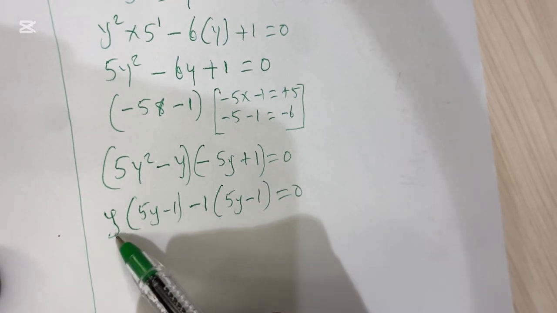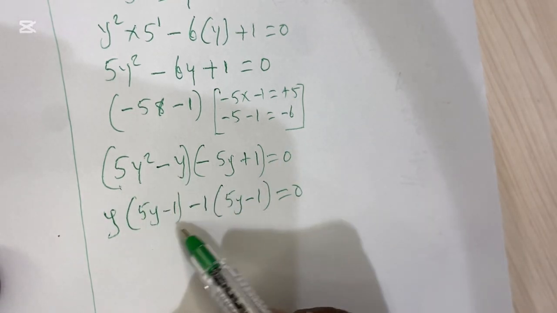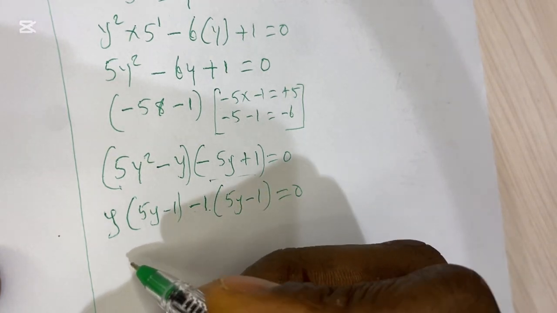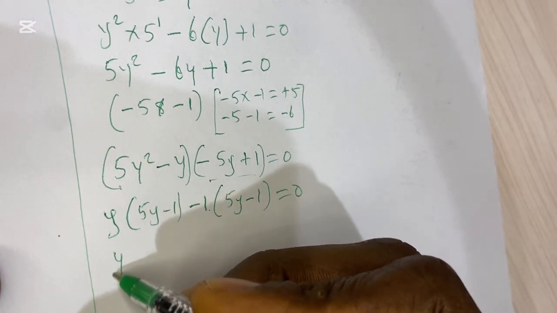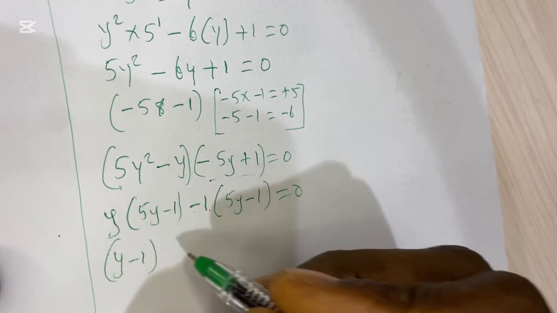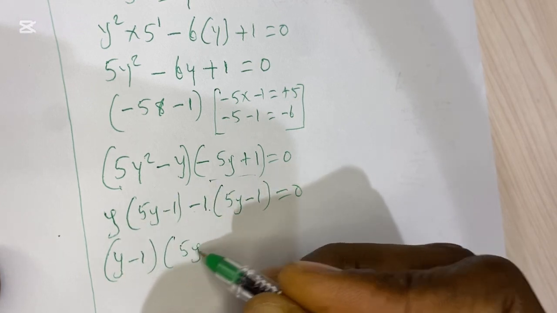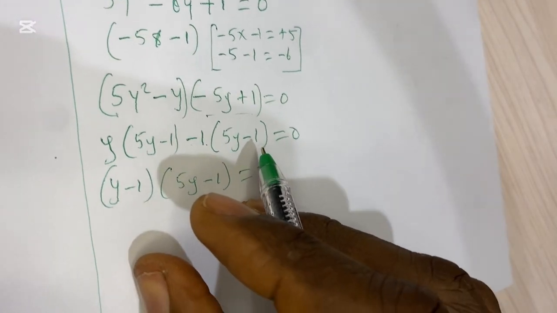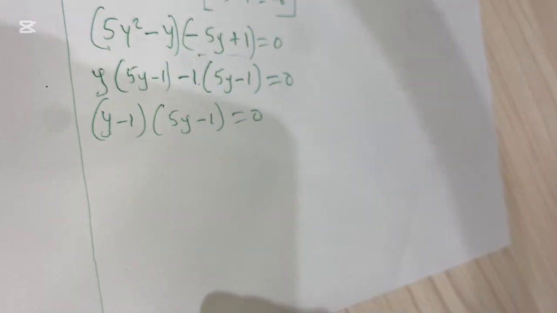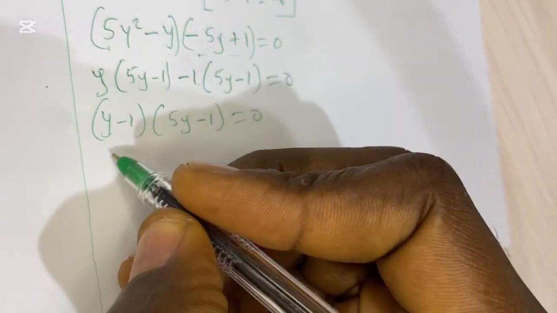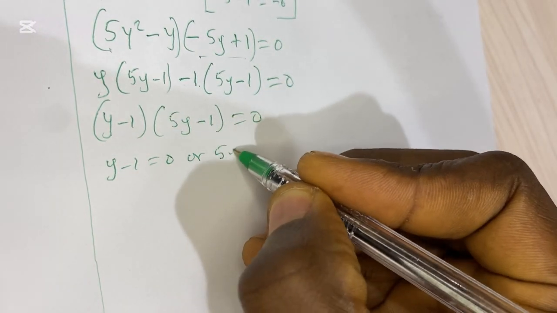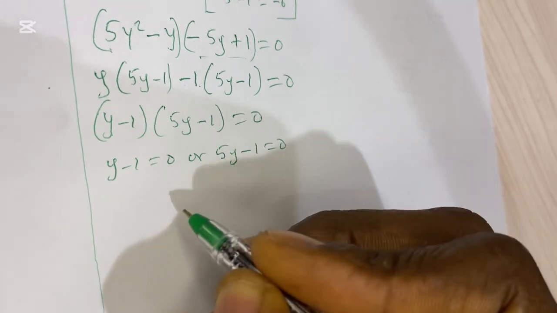If you use y to open this bracket, you get this. If you use minus 1 to open this bracket, you get this. So this gives us y minus 1, bracket 5y minus 1, equal to 0. So y minus 1 equals 0, or 5y minus 1 equals 0.